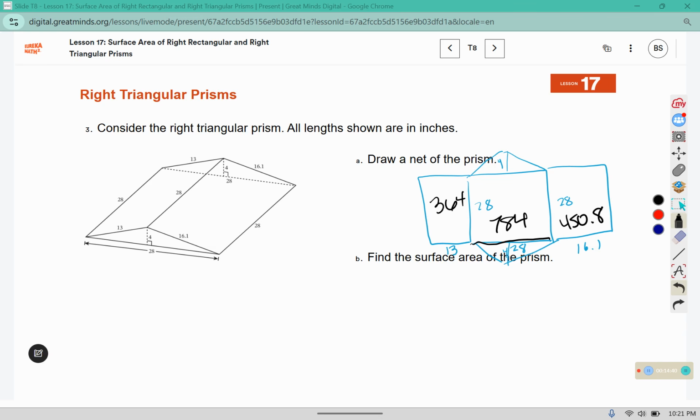28 times 4 is 112. But remember, in a triangle, you have to divide by 2. So that is 56 for the triangles. To find the surface area, we need to add all of those pieces together.